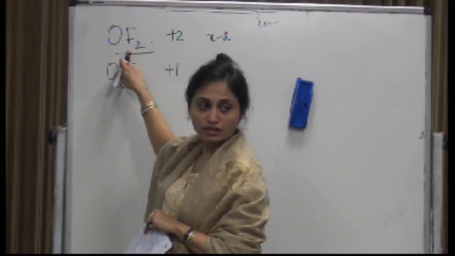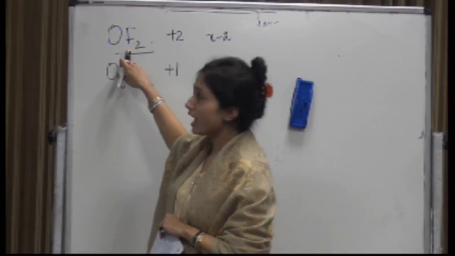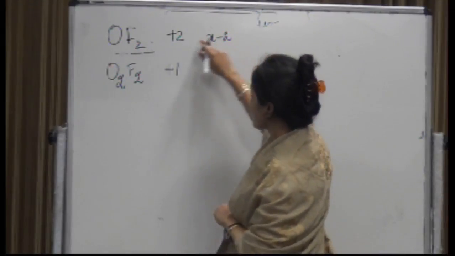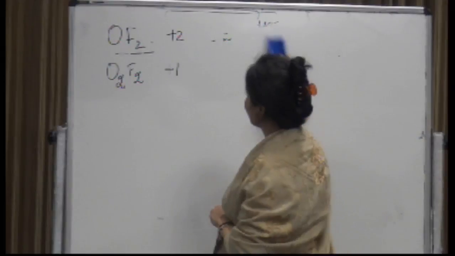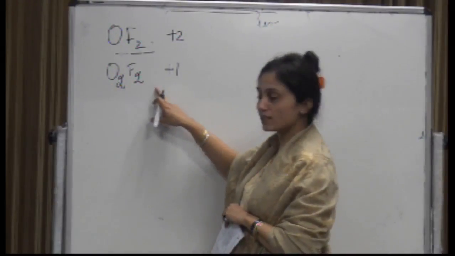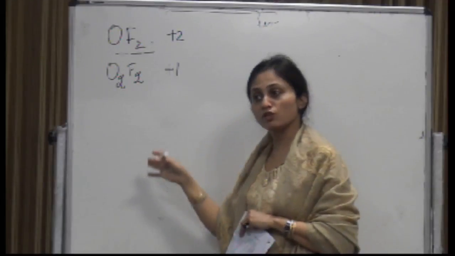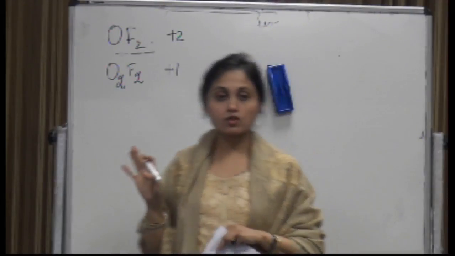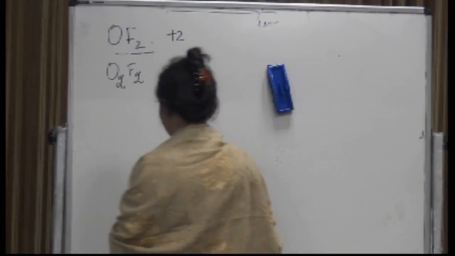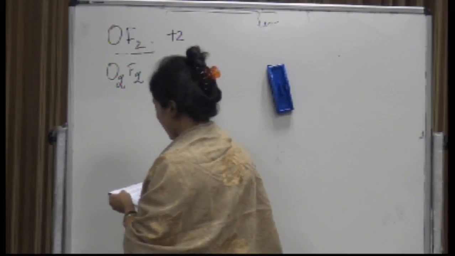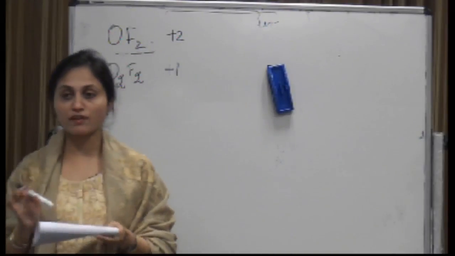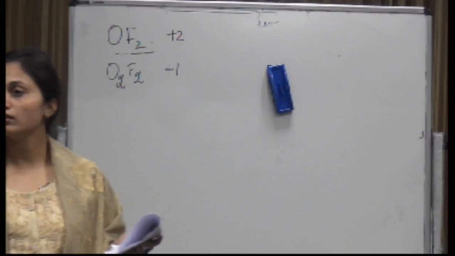So x -2 is equal to 0, so x will be equal to +2, and here it will be 2x -2 is equal to 0, so x will be equal to +1. So for oxygen we have done in majority of the cases, like oxygen fluoride and dioxygen fluoride, you have +2 and +1. Then we have the oxidation number of hydrogen is generally +1.